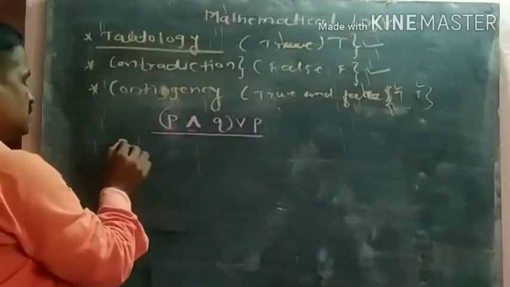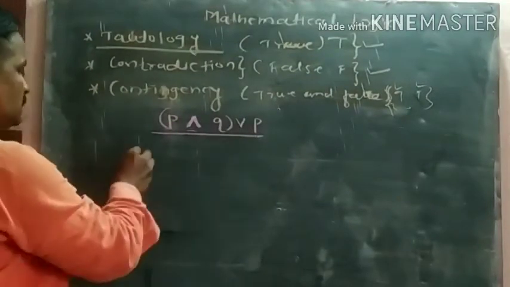So we construct a truth table like this.